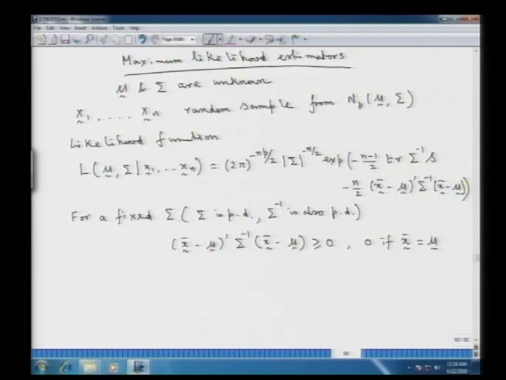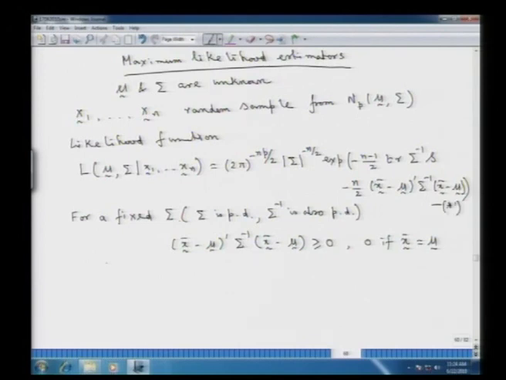So, sigma inverse being positive definite implies that this quadratic form will be equal to 0 only if x bar is equal to mu, that is, the vector we have taken here is just a null vector. Now, let me give an equation number, star 1 say.